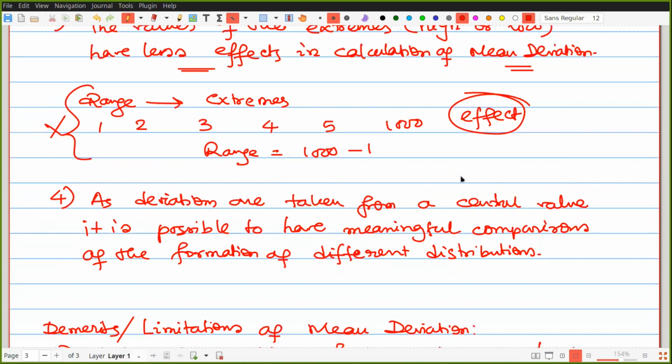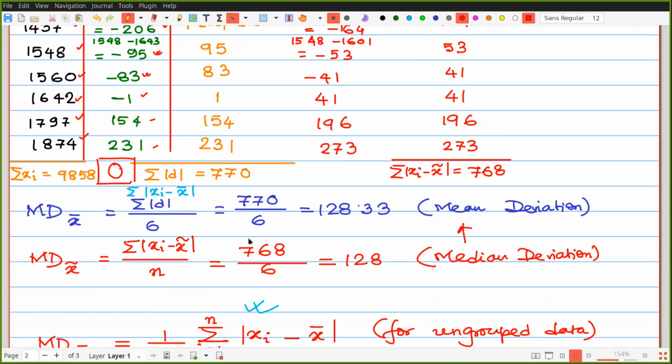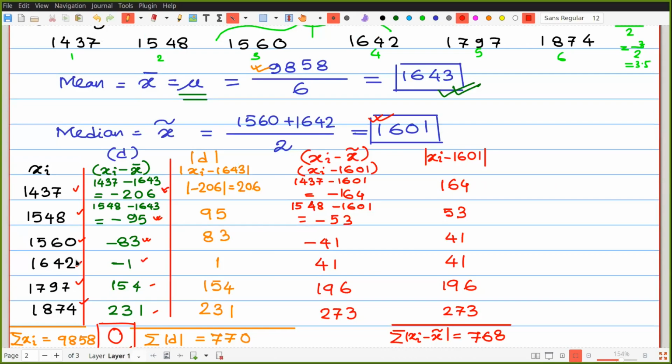Suppose in a problem any data is wrong and we have to recalculate the mean deviation, we have to start from scratch. We cannot recalculate from the middle of the calculation.